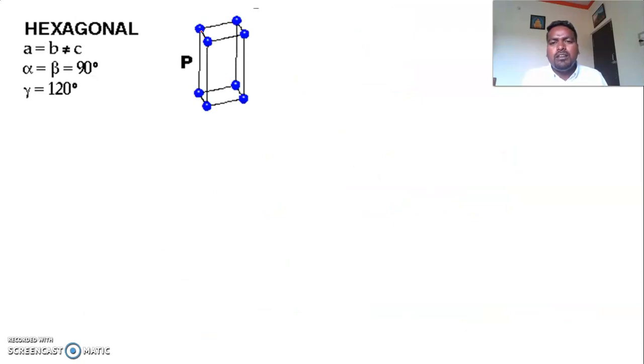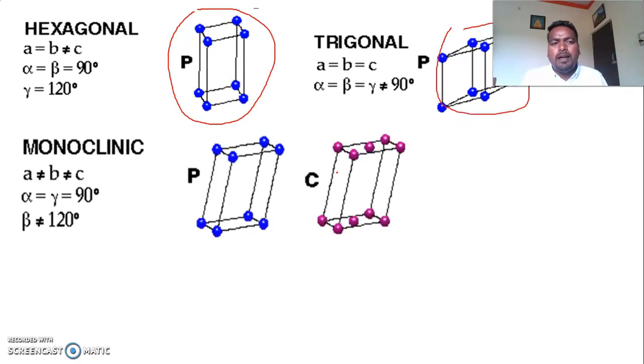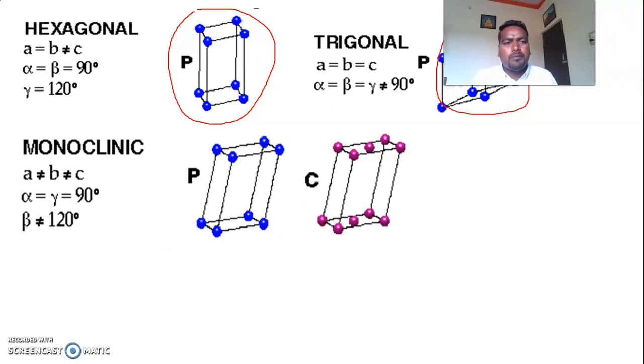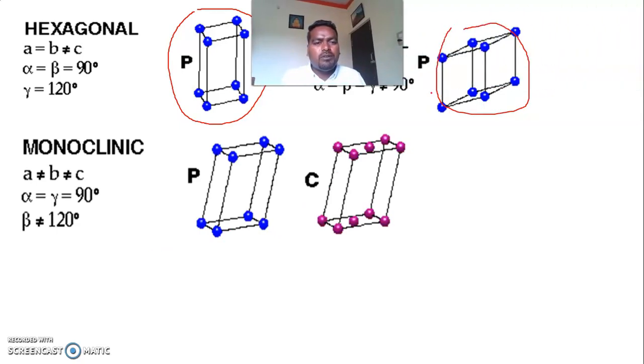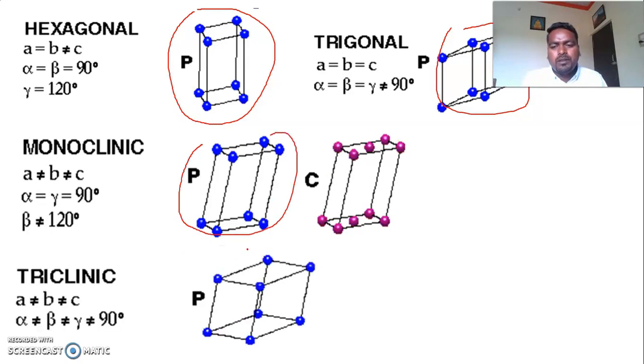Then for hexagonal, only one type of unit cell is possible. And for trigonal also only one type of unit cell. And for monoclinic, there are 2 unit cells. And triclinic, only one unit cell is possible.